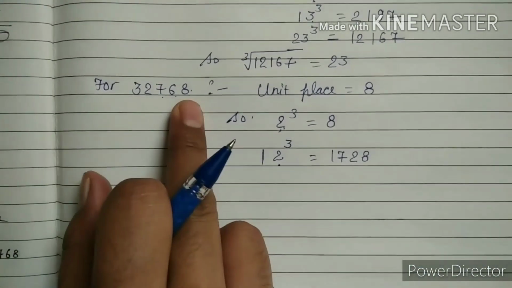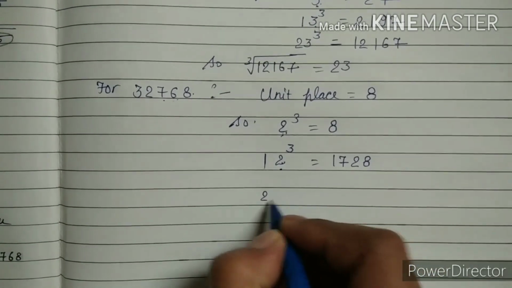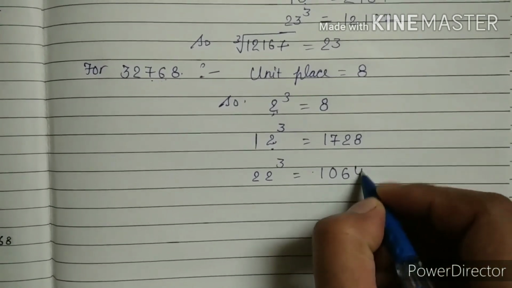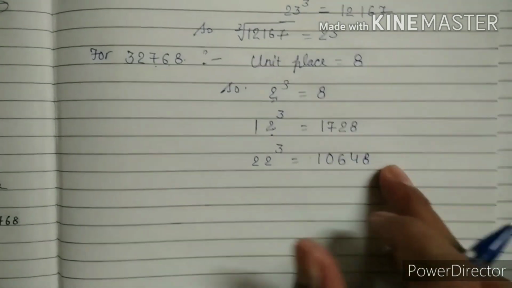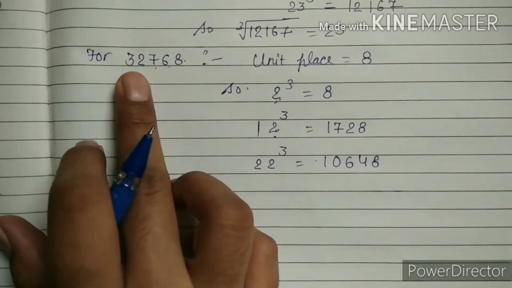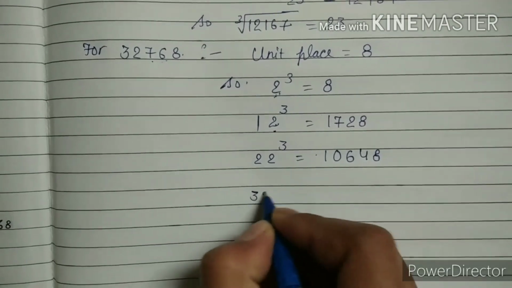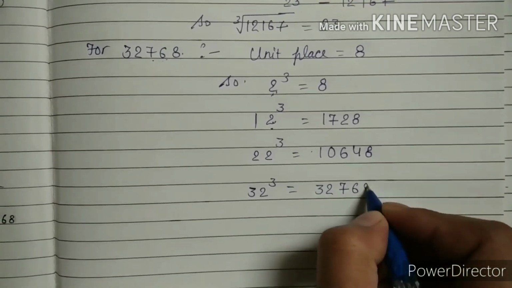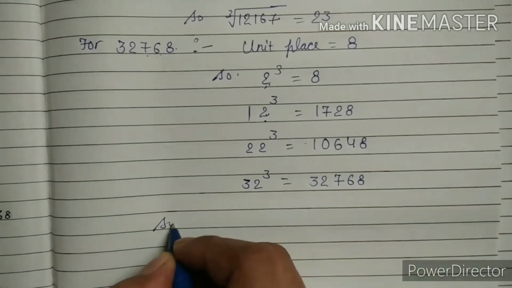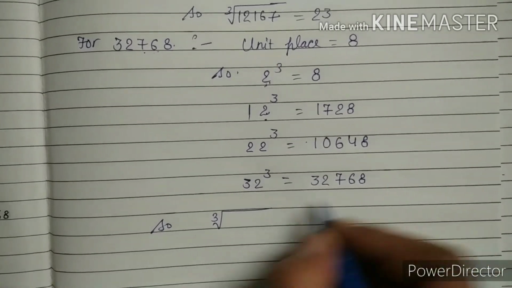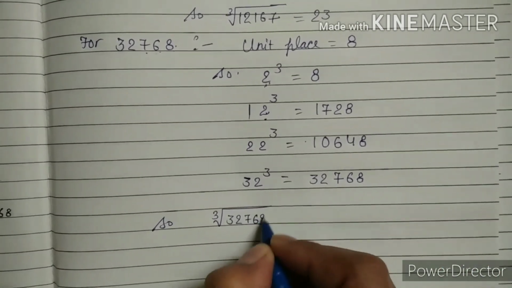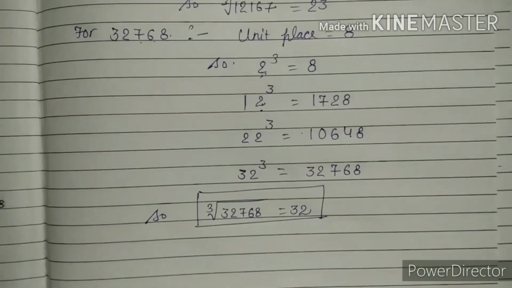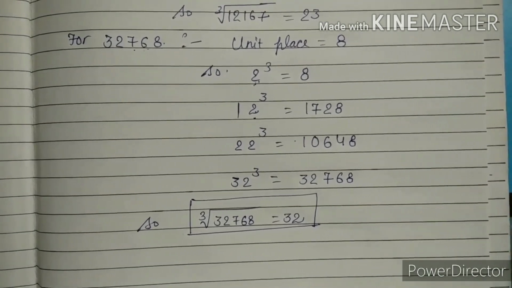We did not get it. Next is 22. 22 cube is 10,648. We did not see the number that we want. After 22, we have to take 32 cube, which is 32,768. We got it. So the cube root of 32,768 is 32. So here we completed chapter number 7, that is cubes and cube roots.